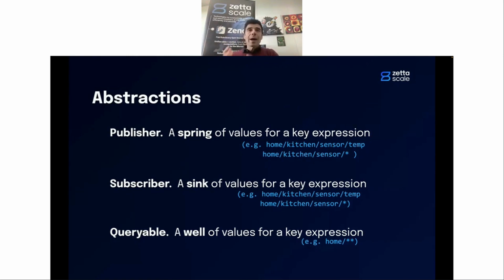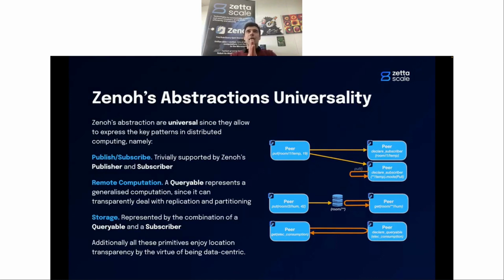And so why do we typically say that Zenoh abstractions are universal? Well, they are universal because they allow you to express the key patterns in distributed computing natively, right? I mean, think about other technology.